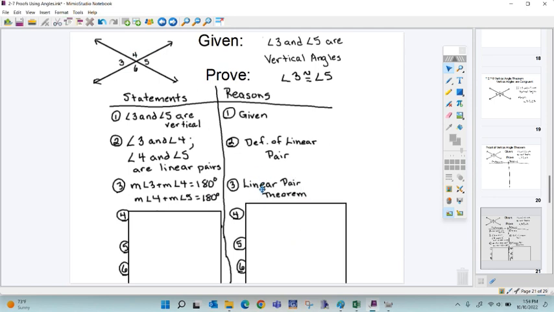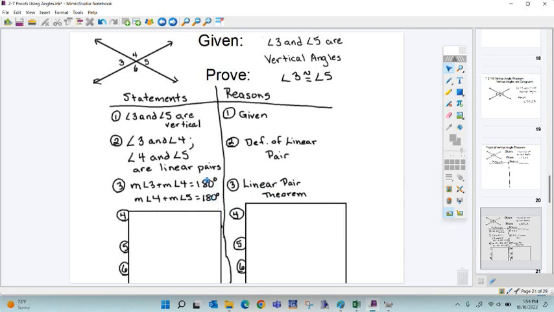Now we're actually using this theorem. Use the things that you've been taught before to prove a new thing. That's really the heart of geometry. All right, so the linear pair theorem tells us that they both equal 180.